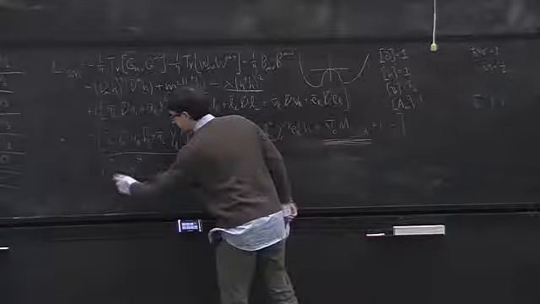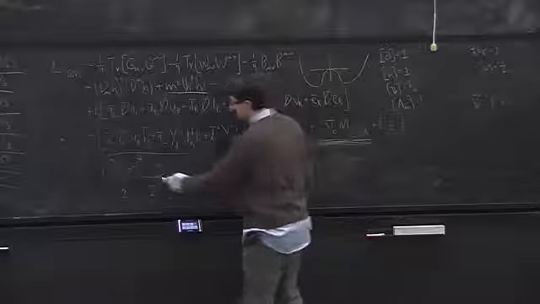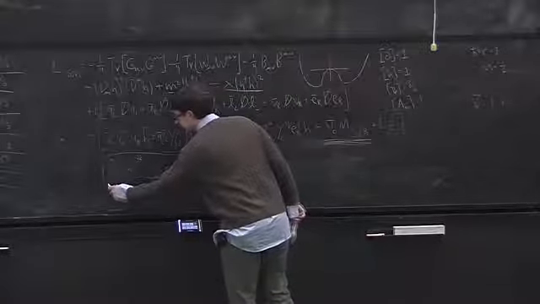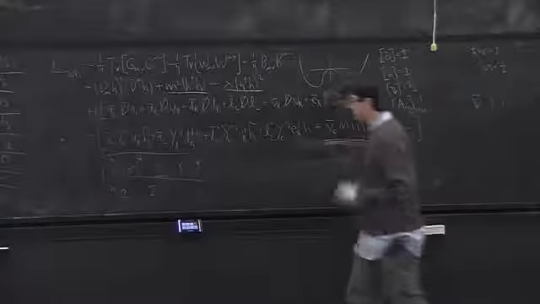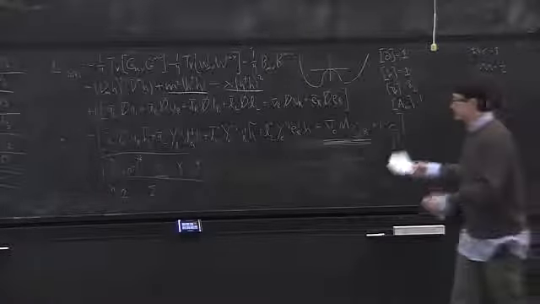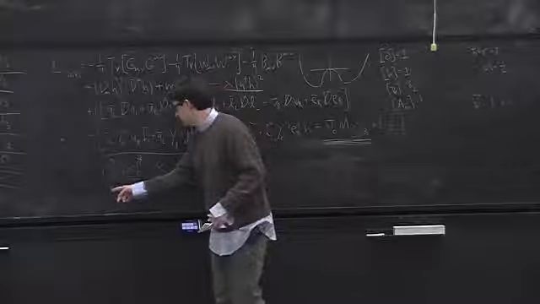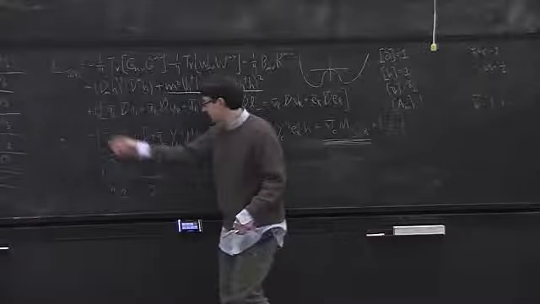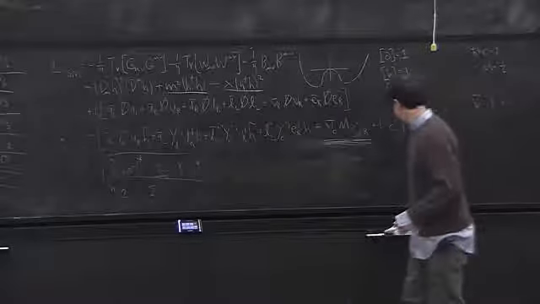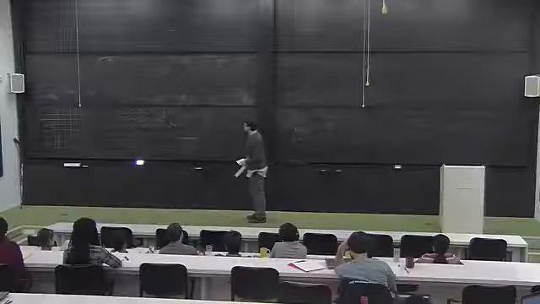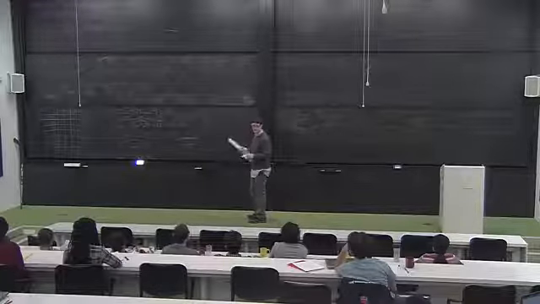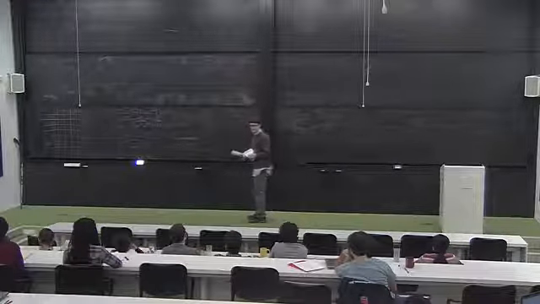So H twiddle, defined this way in terms of H star, literally transforms exactly the same way as H does under an SU2 transformation. So you can just think of it as a different form of H that still transforms as the 2 under SU2, but has its U1 charge reversed. Okay, I just wanted to say that in a few minutes. I can't stress how good an exercise it is to do if you haven't done it already.